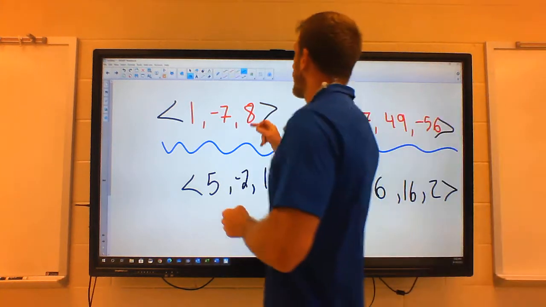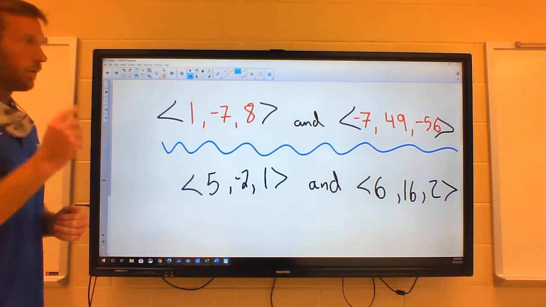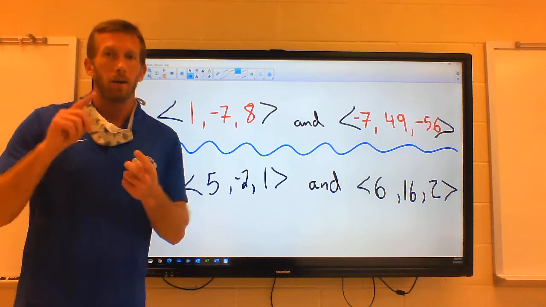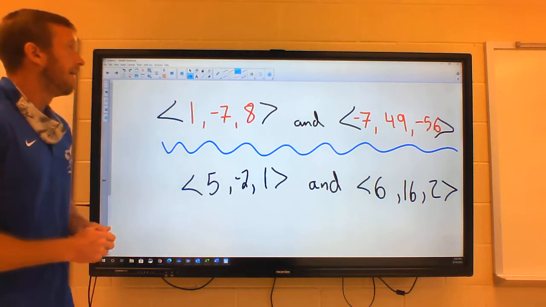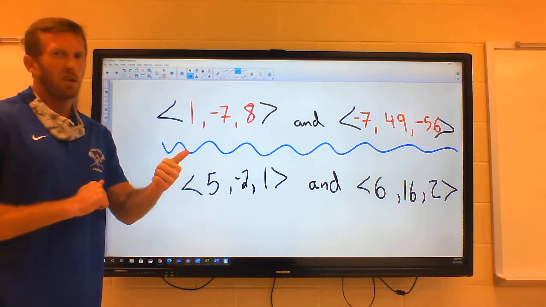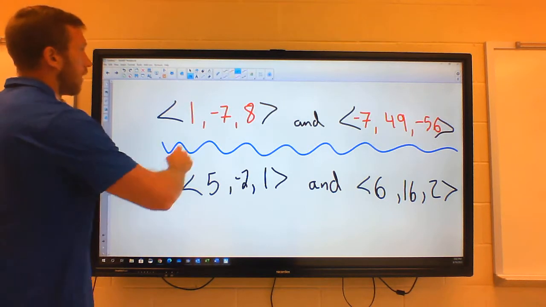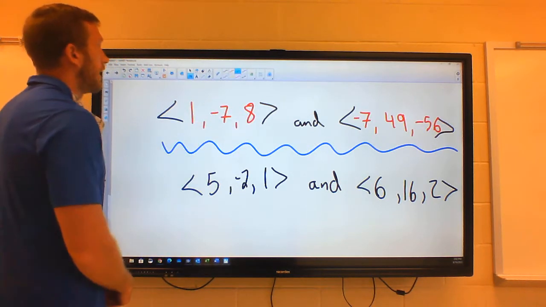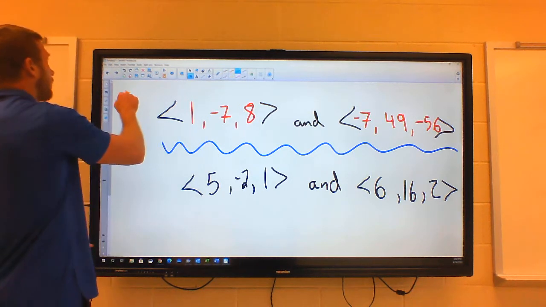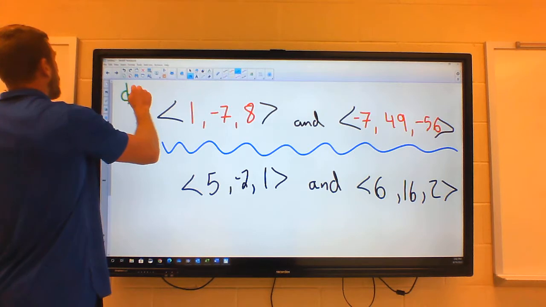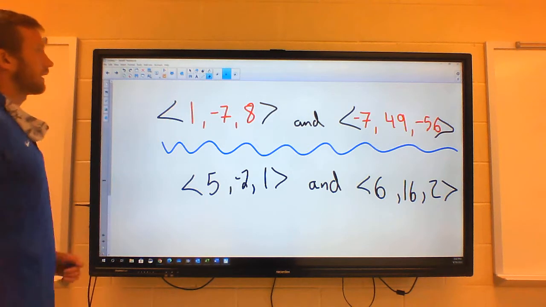All right, we're back. Looking through this, the only way we can test if they are parallel, orthogonal, or neither is if we either do the cross product or dot product, or we look for a scalar. So for this first one, let's go with the dot product first, just because that's the easiest thing to test.